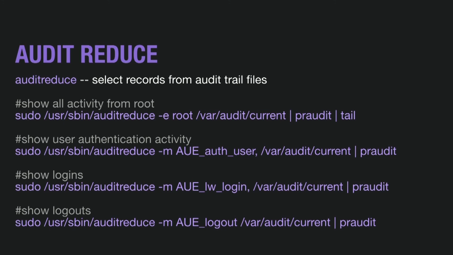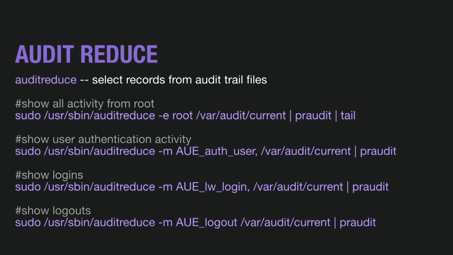We would pull in root. We would give it the path to the current audit file. And then we've got to pipe it back out to praudit, right? Because that's what converts it from binary to plain text. And you can see all root activity. You could put in any user you wanted instead of root, and you'll see those records.